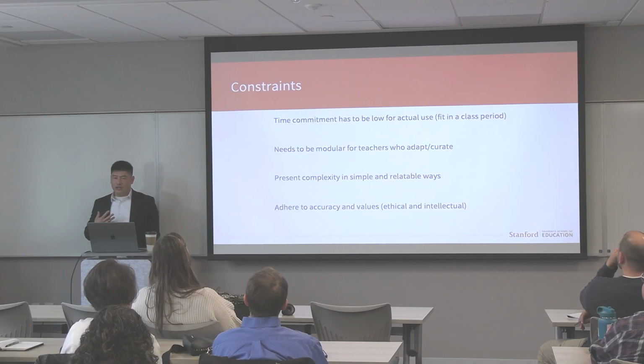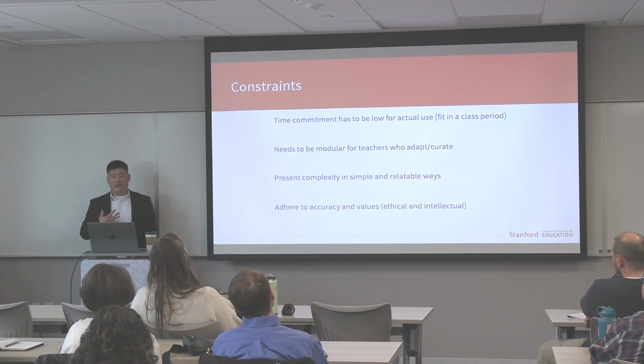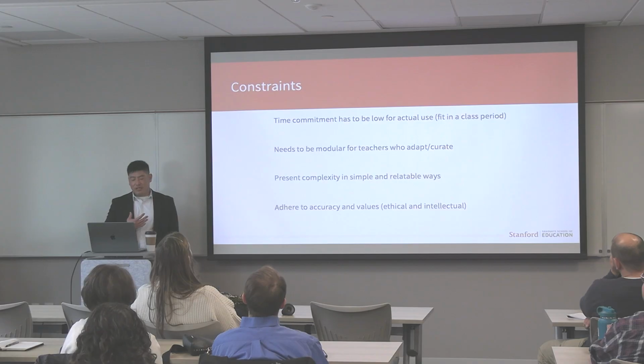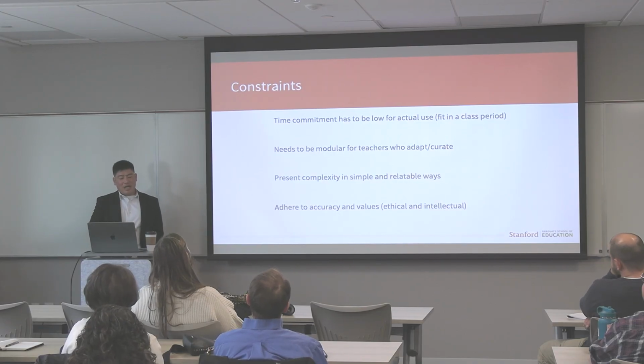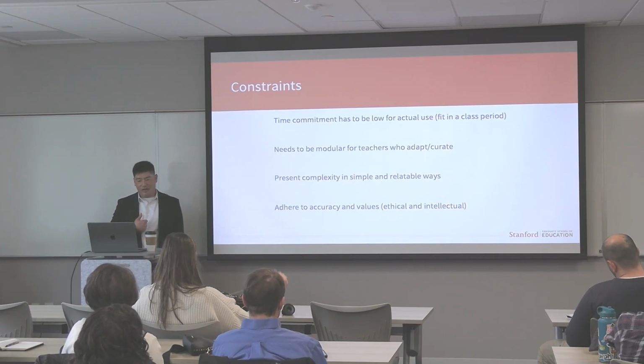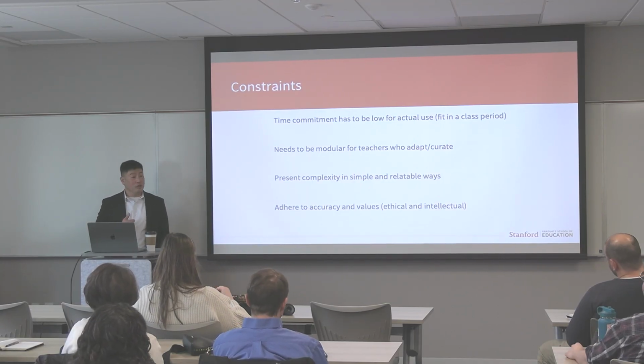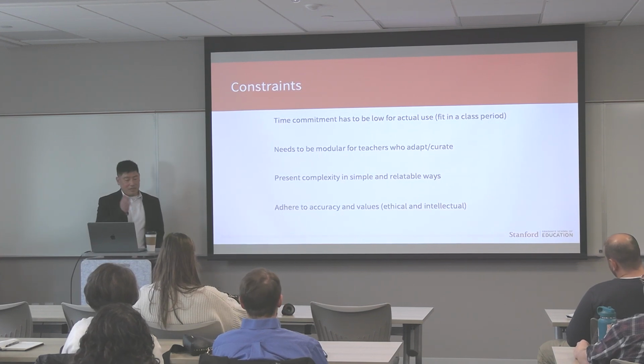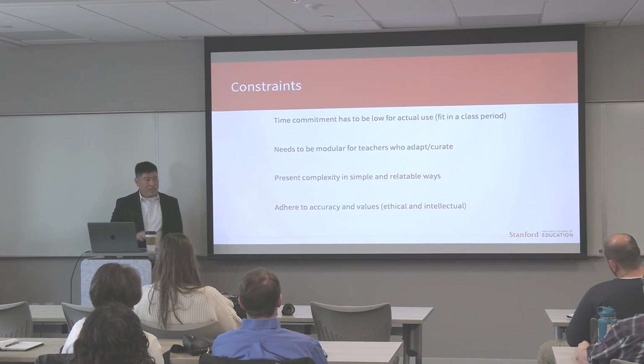But what I've approached in my work, and how I feel like I can make the most headway, is to think, all right, there is a time commitment that is required, and if you want something that we make out of a university to have actual use, it has to be a low time commitment. It has to fit in a class period. Oftentimes the class period expands to 2, but regardless, we have to think smaller than the 8-week unit.